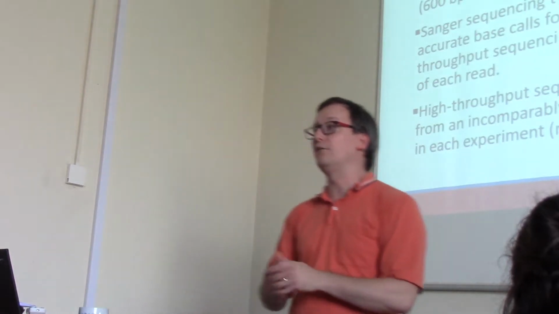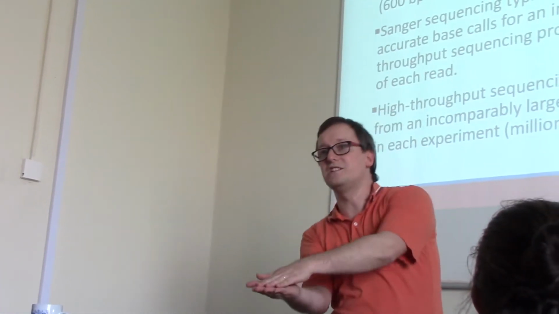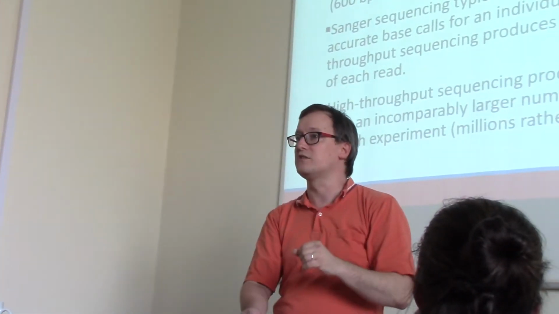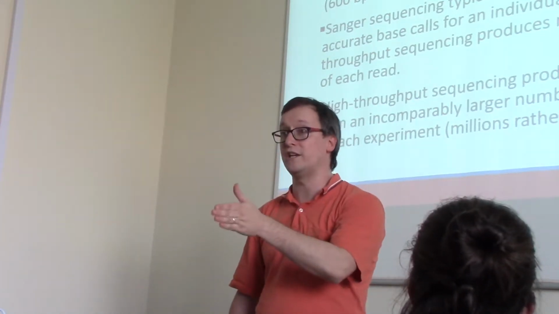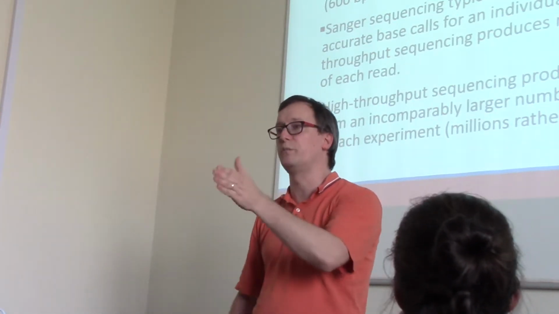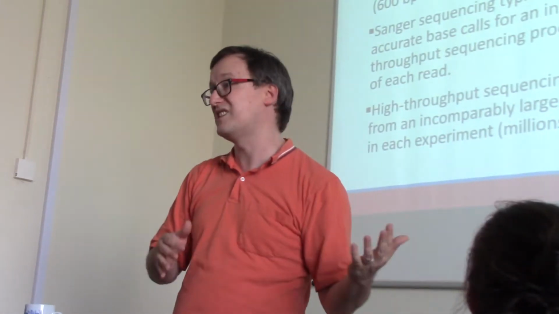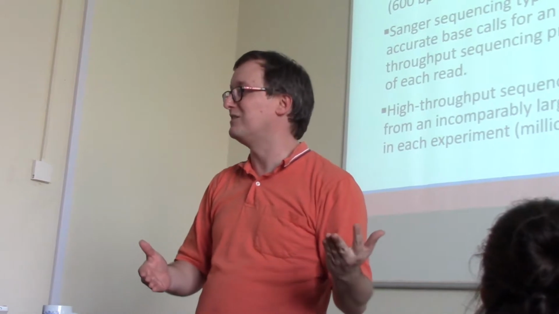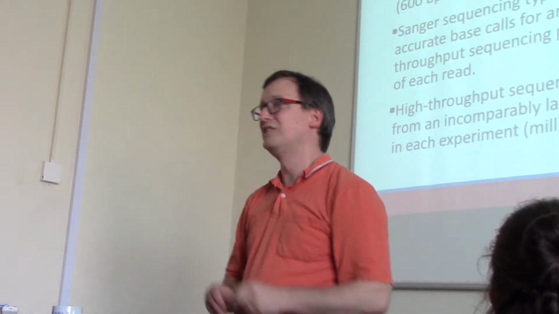So even if you have a lower average base call score for modern sequencers, because you have so much depth on these locations, you can feel very confident that the effective error at an individual base is going to be much lower than if you tried to do it only with Sanger sequencing. That's paradoxical. You can have lower quality, but because you have a whole lot of it, you're able to get greater confidence in the individual base calls.